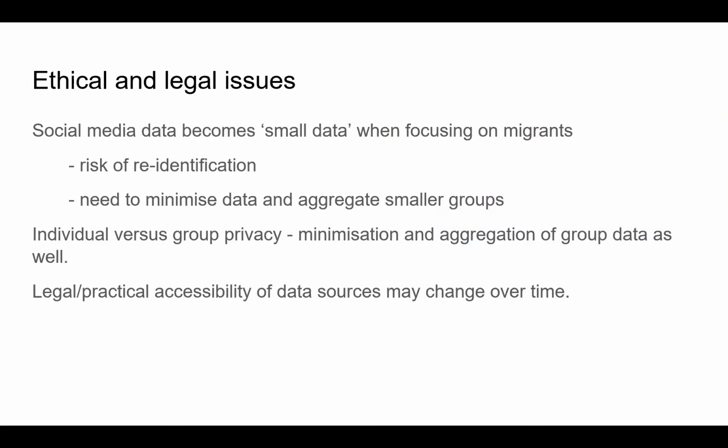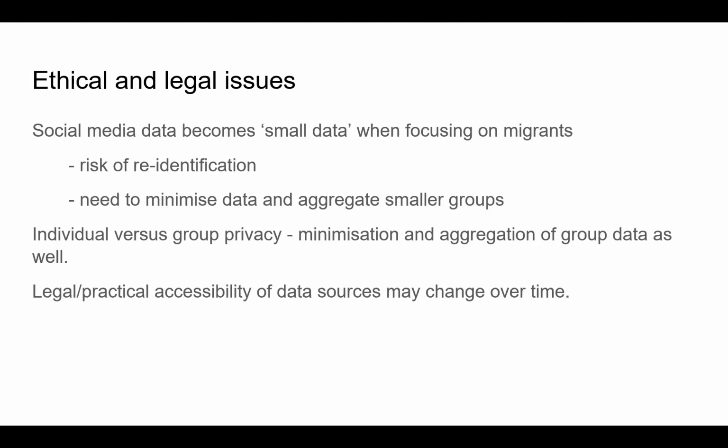A bunch of ethical and legal issues that we constantly deal with and constantly monitor our projects for violations and for breaches. Social media can become small data when you're focusing on migrants. So when we looked at the border rush, we looked at Turkish-speaking people on the Greek side of the border and Greek-speaking people on the Turkish side of the border, but then the numbers are very small.